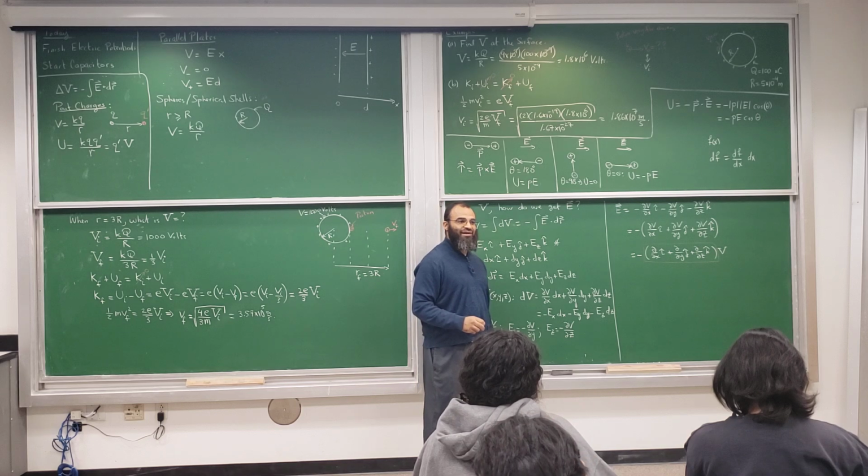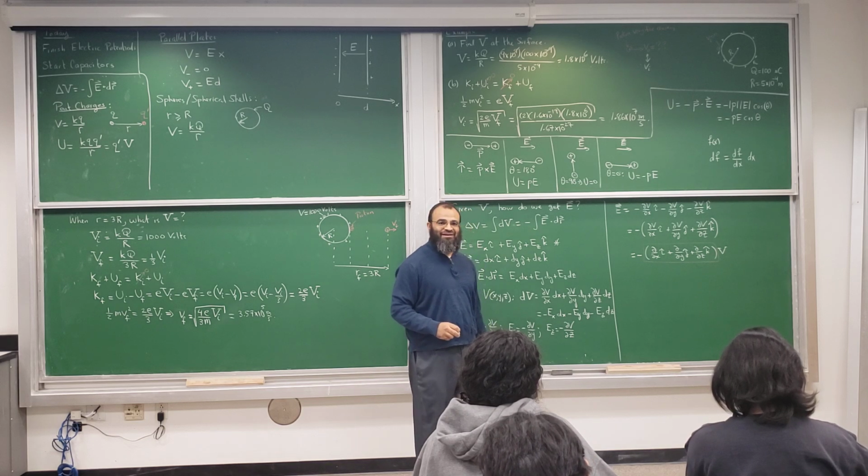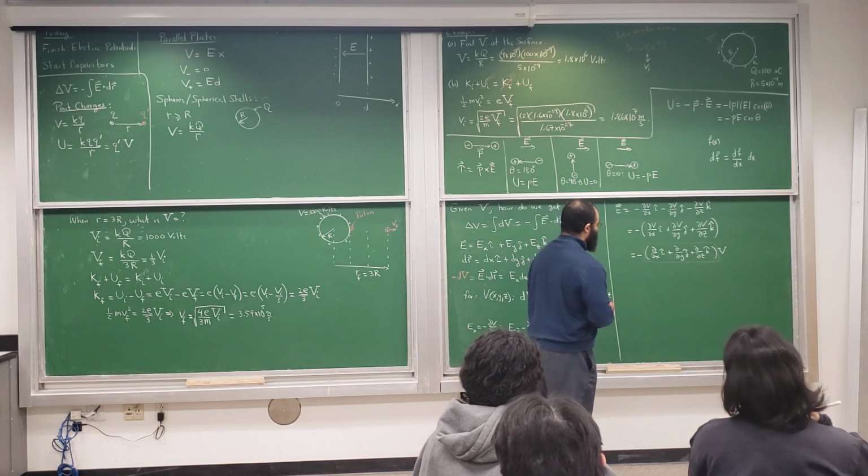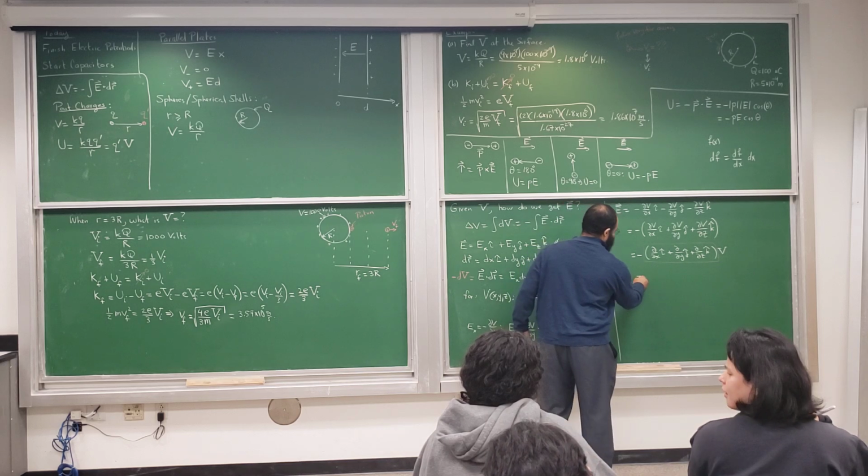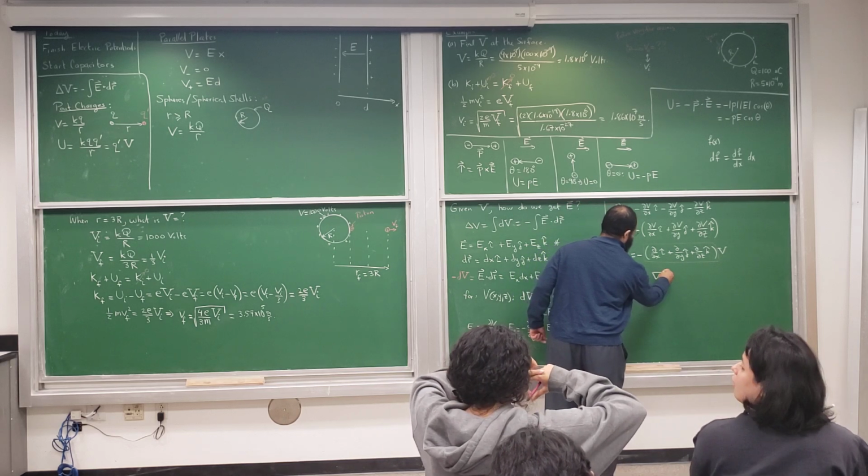Starts with a G. Gradient, yes. It's an inverted triangle, looks like that. Minus gradient of V.